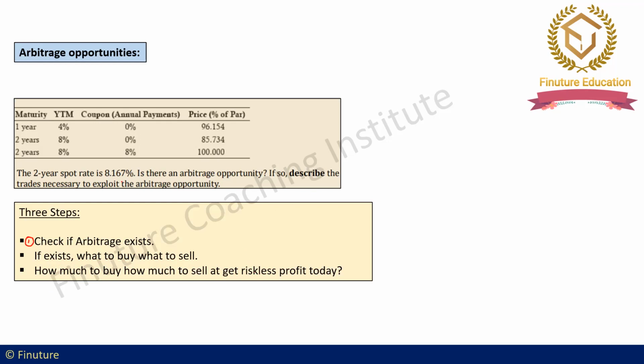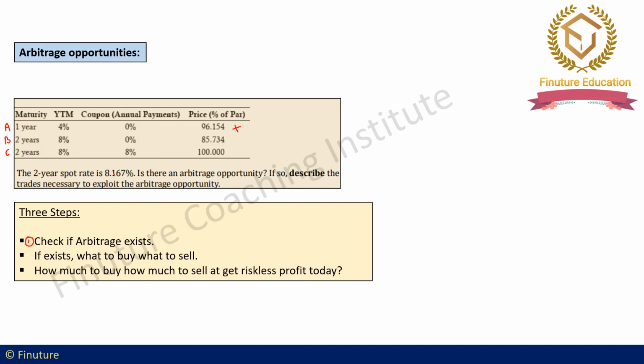So now we have been told that the 2 year spot rate has gone up, in the market it's 8.167%. The first important point to note is that bond A is just a 1 year bond, so because of this spot rate, it will not be impacted. But maybe we can use it to bridge any deficit that we may have in cash flows.